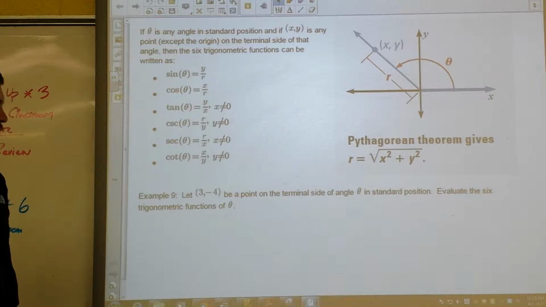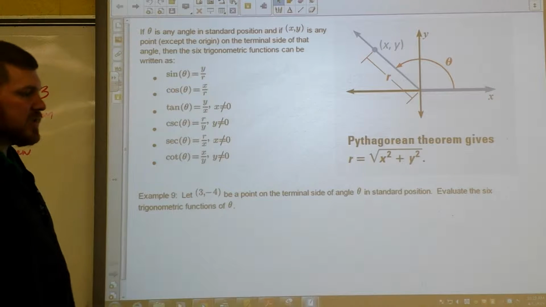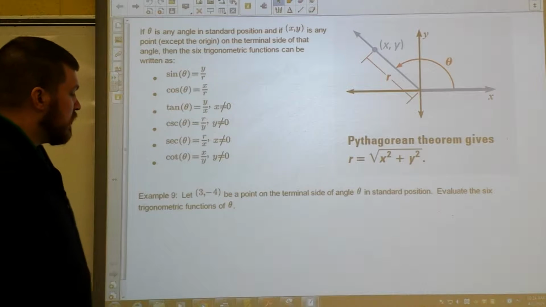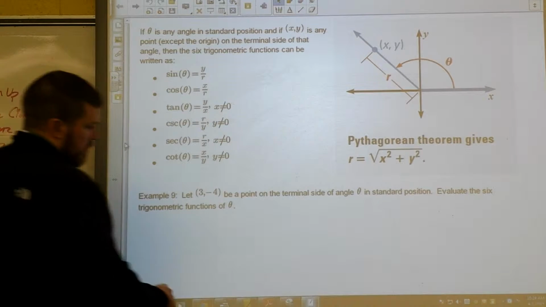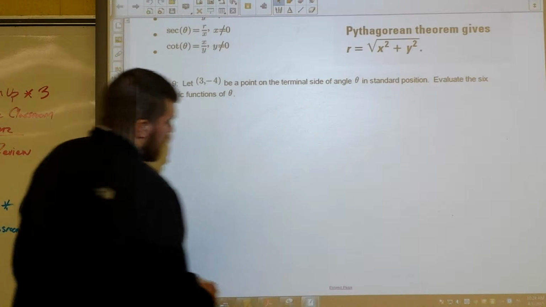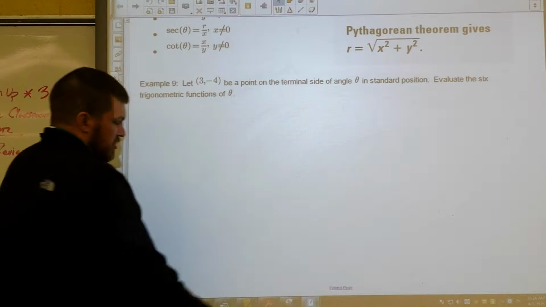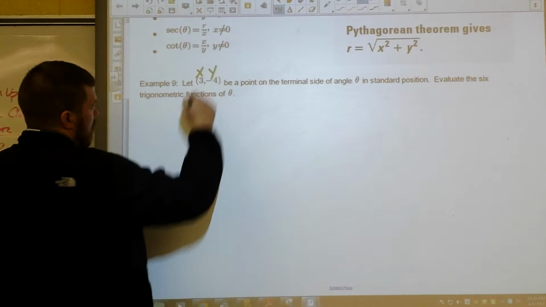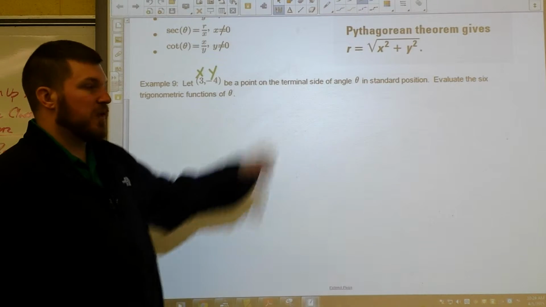Here I give you a point, (3, -4), and it's on the terminal side of some angle theta that's in standard position. We want to find these 6 right triangle ratios for this angle theta. So what I first need to do is figure out my radius. To find the radius, I know I have my x, comma, y, and I'm just going to use the Pythagorean theorem.